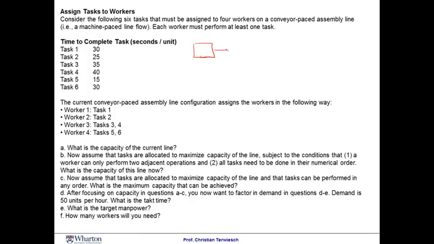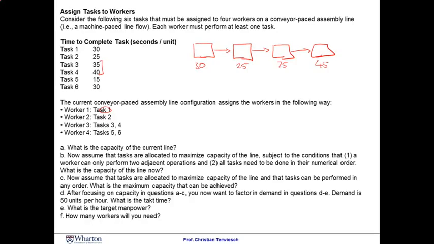Really, we're dealing with a process that consists of 4 resources, namely the 4 workers. The first resource is just working on task 1, which gives it a processing time of 30 seconds per unit. 25 for the second worker, and then here we combine 3 and 4, so 75 seconds per unit at station 3, and for worker number 4 we have 45 seconds per unit.